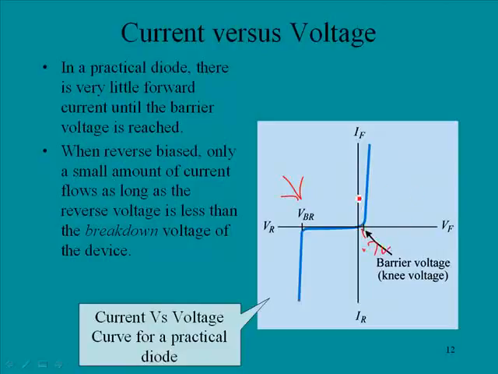And then we're graphing current going this way. Now you see that this curve, it's not straight up, it has a gradual curve to it. So at 0.7 volts the diode begins to conduct, and then we begin to have what we'll call forward current.